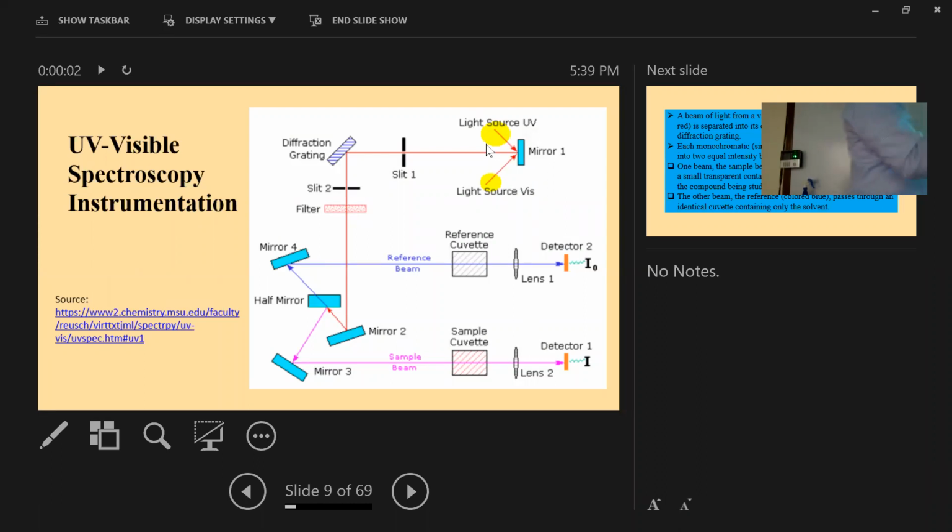So if we have a very big beam of light and then a small hole, we can get a very narrow beam of light.